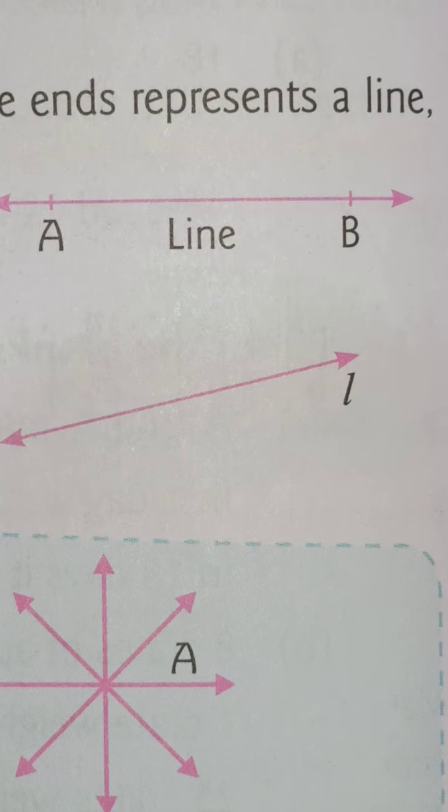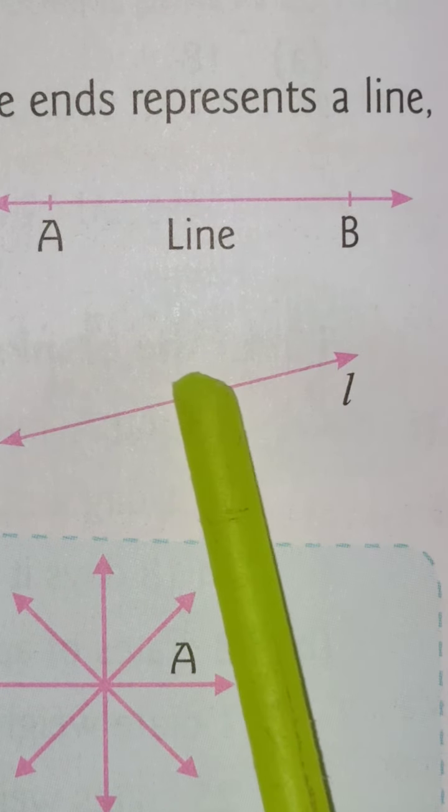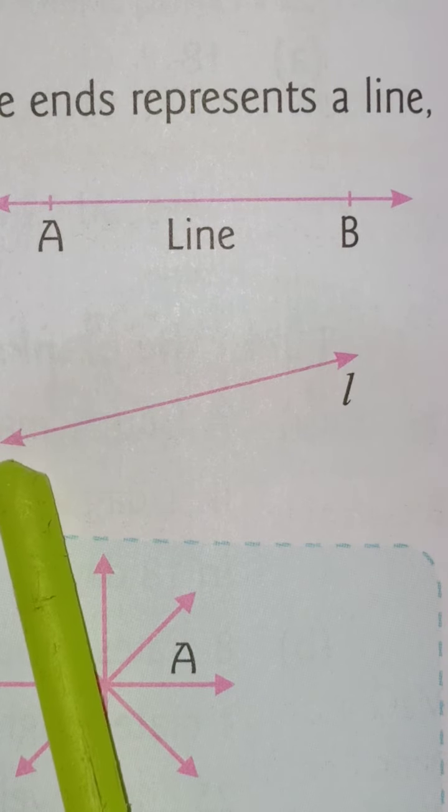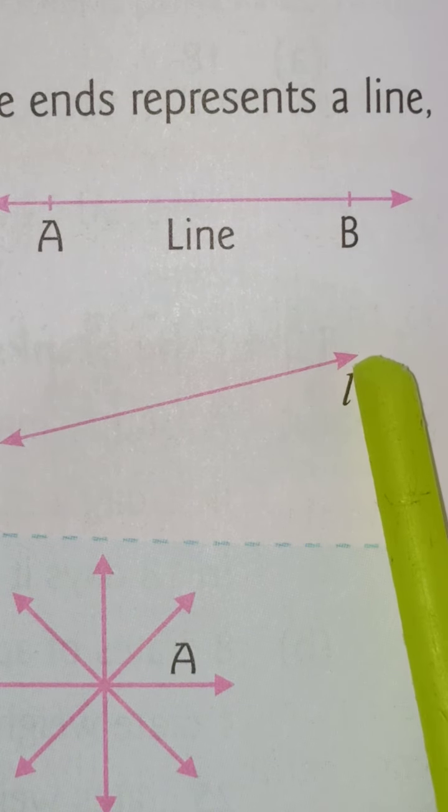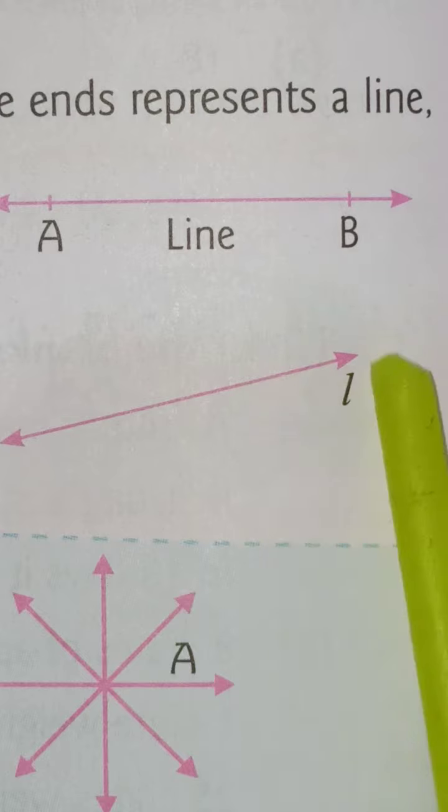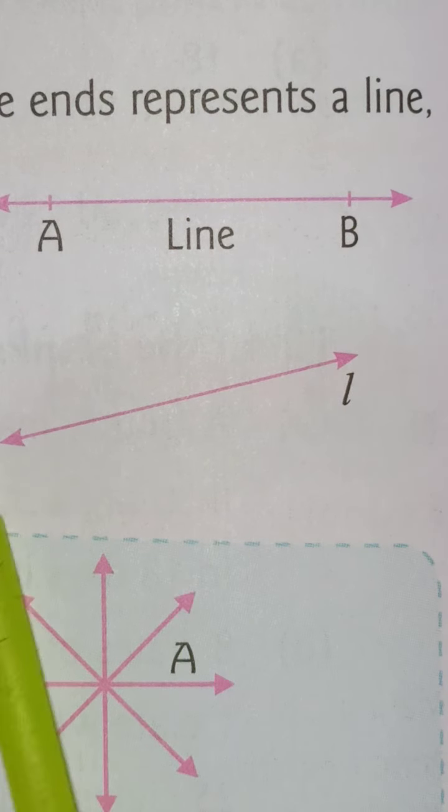Arrows in opposite directions indicate the line is endless. Sometimes a line is represented by a small letter l, m, n, etc. In the adjoining figure, l is a line.